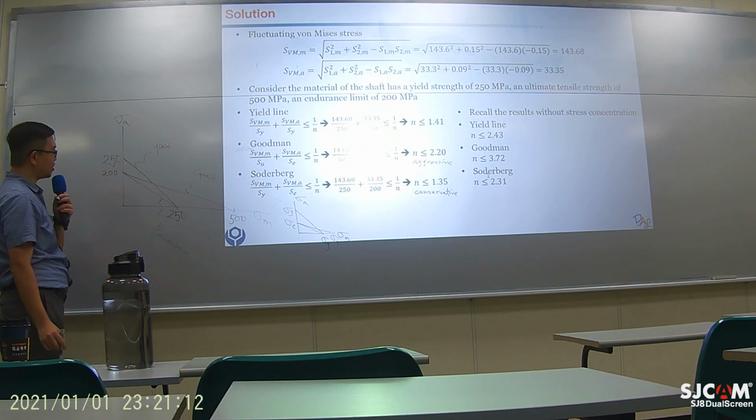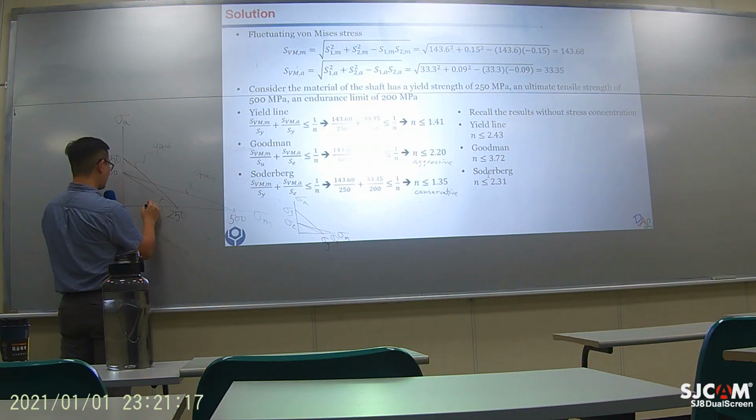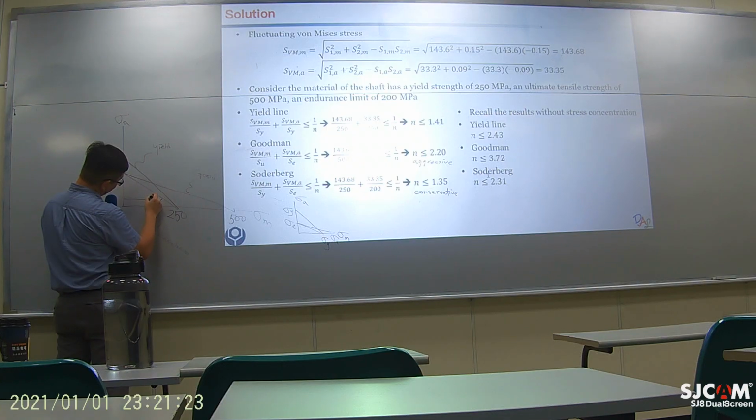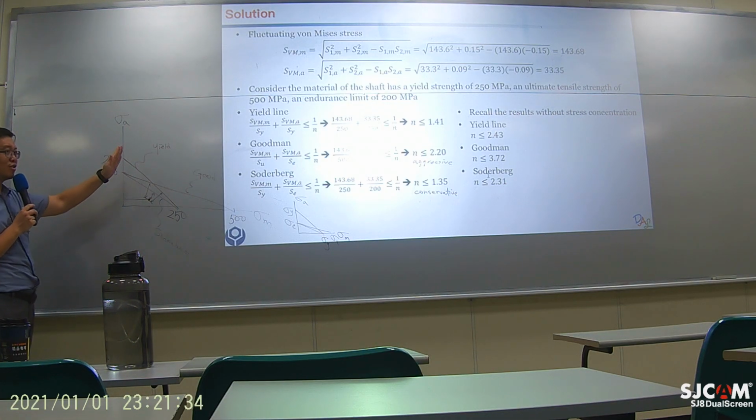My design point is 14-something, so here is 14-something, and 30-something. So the design point is here. If you study the distance, this normal distance represents the safety level. And it's still a hand drawing.